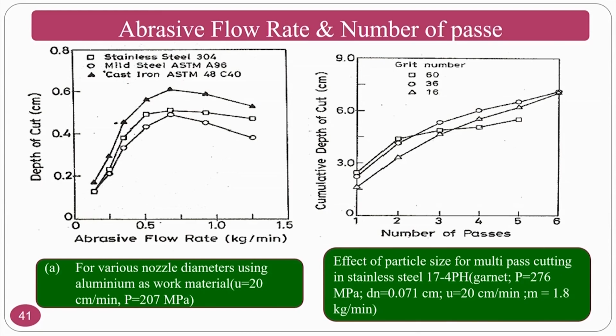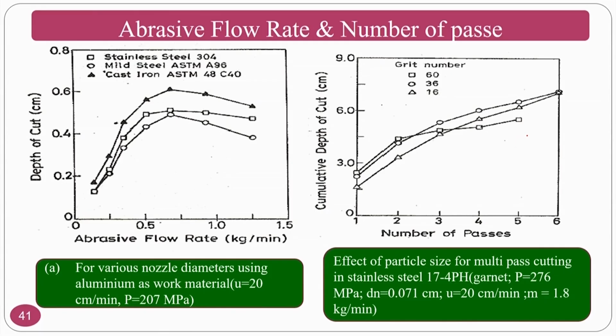At the same time, as the number of passes increases, as I said, your cumulative depth of cut will continuously increase. If you see the grit number, if the grit number is increasing, that means the abrasive is becoming finer and finer. In that circumstance, you are going to get perfect cuts, and the surface roughness you get is good.